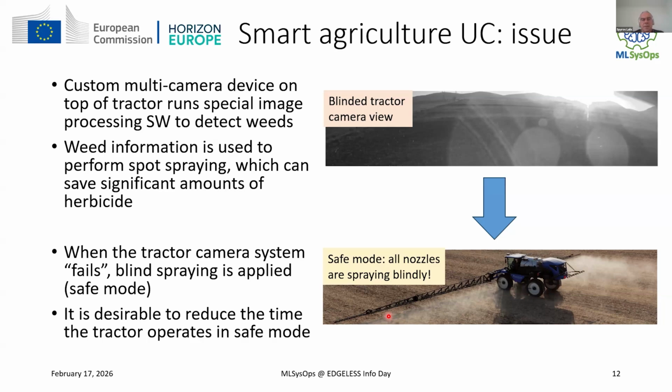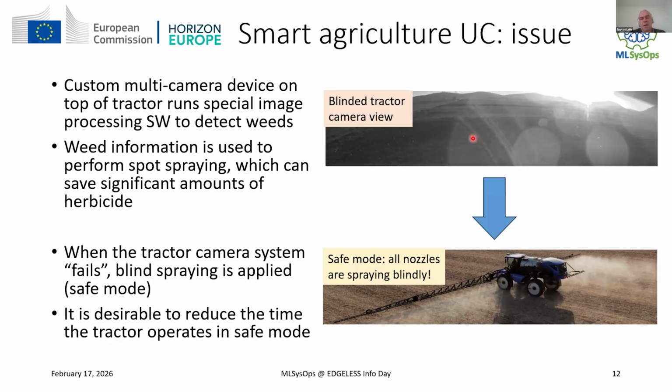The problem is that the camera system on the tractor can get blinded by the sun or reflections. And in this case, the system enters a so-called safe mode where the whole spraying system is activated in order not to miss out on any weeds.